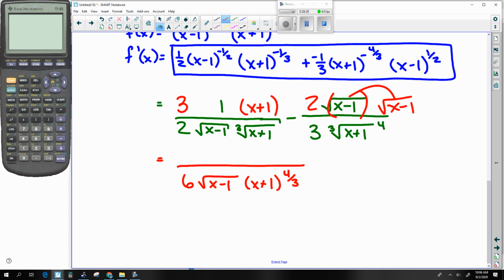Now, what's left with the chaos on the top? So this is a 3x plus 3 multiplied in. This negative is going to be up on that 2. And again, this turns into a parentheses without the root. So this is going to be a negative 2x plus 2.